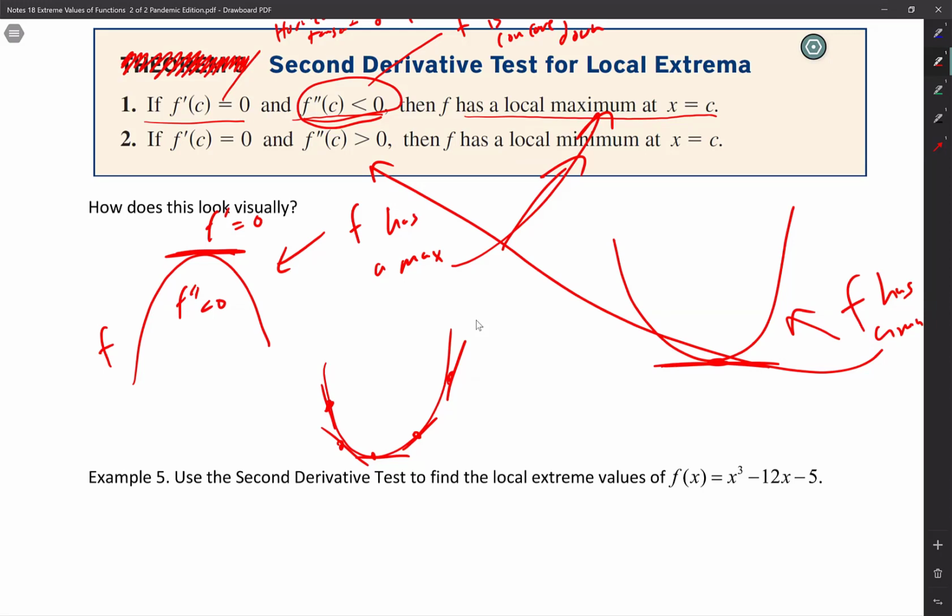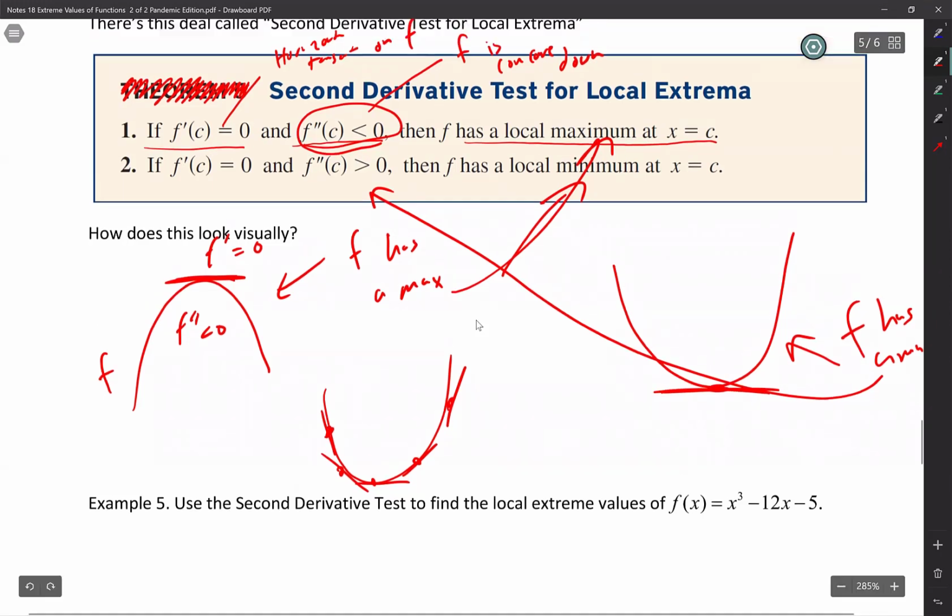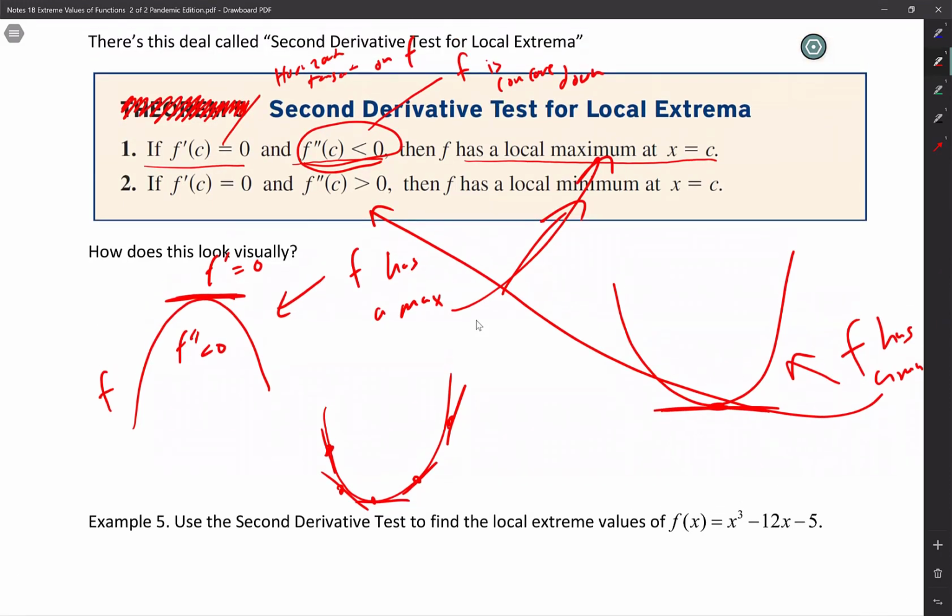If the second derivative, sorry, go ahead. So as a whole, the second derivative is positive, not just one section of it? No, you're always going to be concave up or concave down on an open interval. But we're talking about a very specific value. We're talking about where we have a horizontal tangent. Oh, okay. Got it.